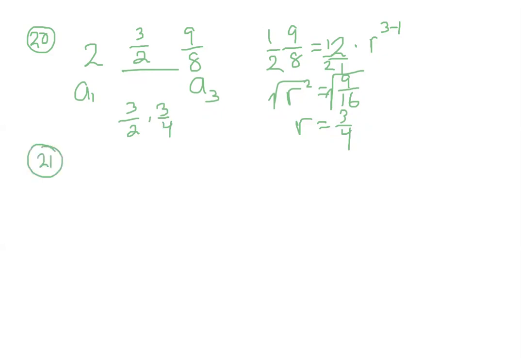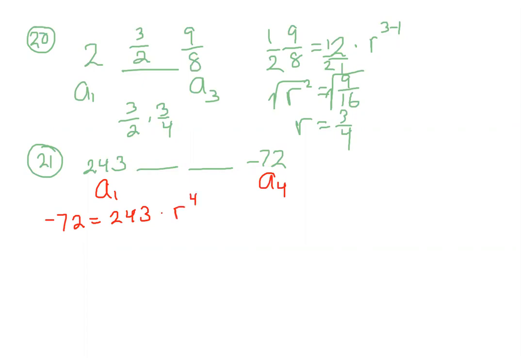So number 21, we have 243, and we have 2 means, and then we got -72. So this is A1, 2, 3, 4, this is A4. So we're going to say -72 equals 243 times R to the 4 minus 1. So I'm going to divide by 243.